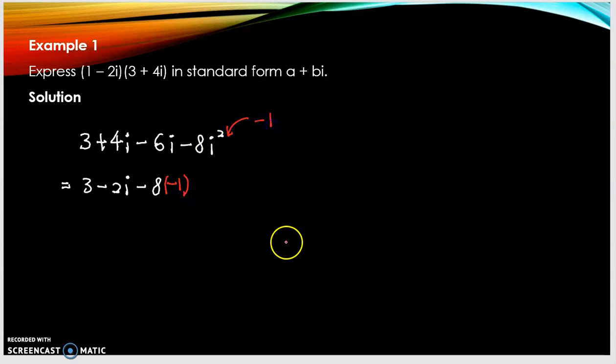From here, 3 minus 2i, and negative 8 times negative 1 is positive 8. So finally, 3 plus 8 will become 11 minus 2i.